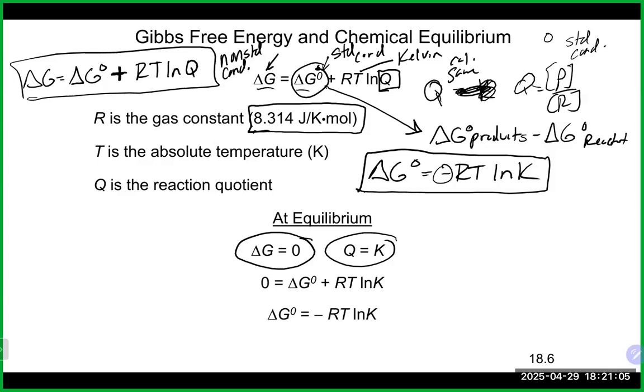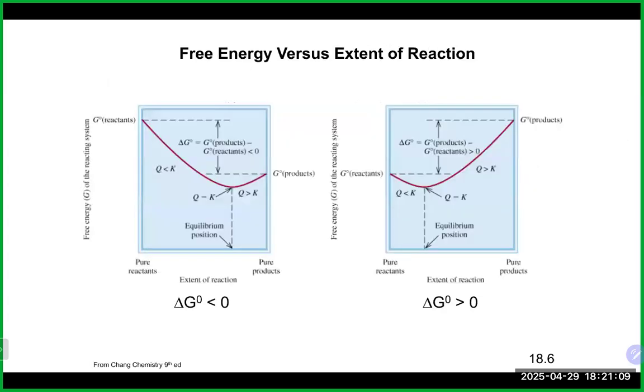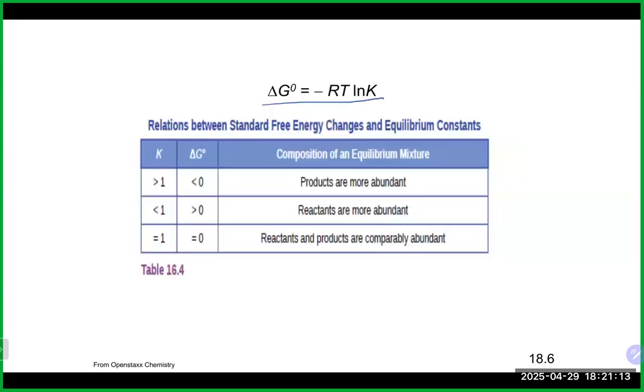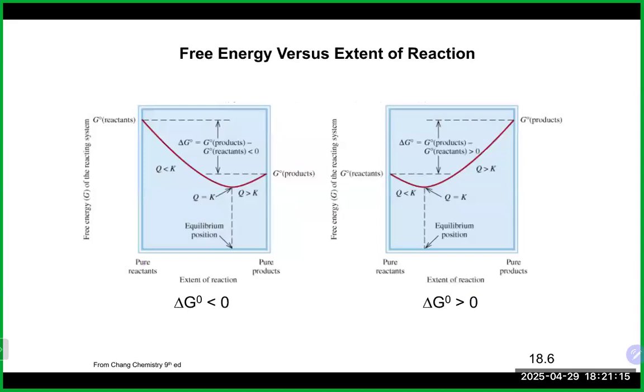Any questions on that? Now, the graph is really way too late to look at something like that, but this is the extent of the reaction. Basically the idea here is that everybody wants to get to equilibrium. So when we have Q greater than K, you could think of it like a ball.